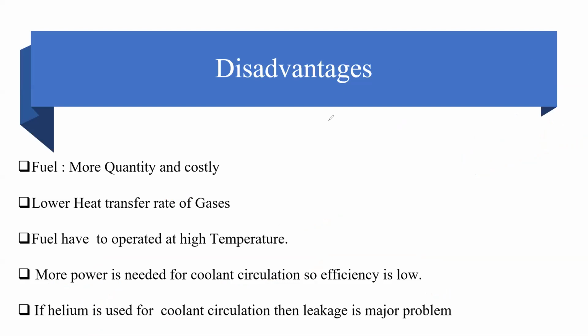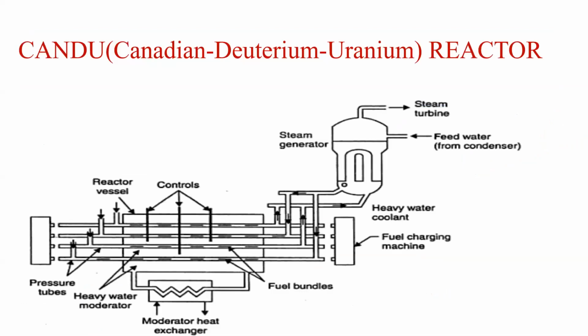Now the next and last type of nuclear reactor is the Canadian deuterium uranium reactor.